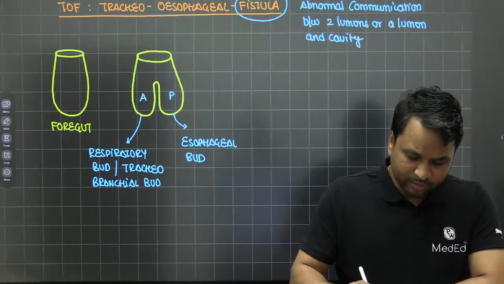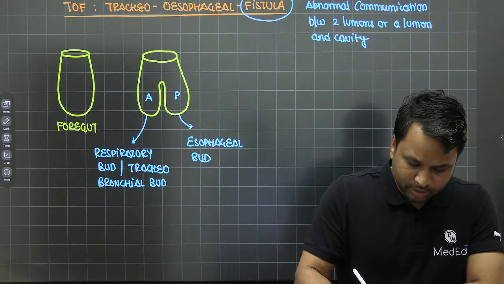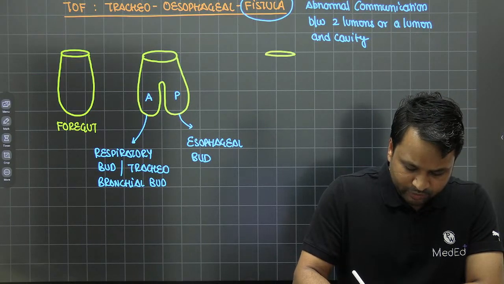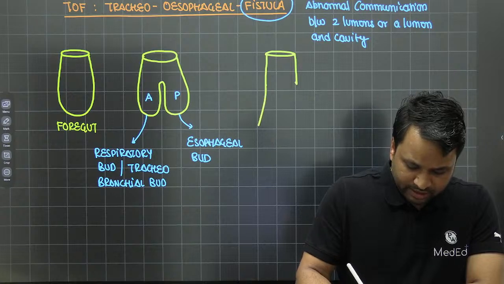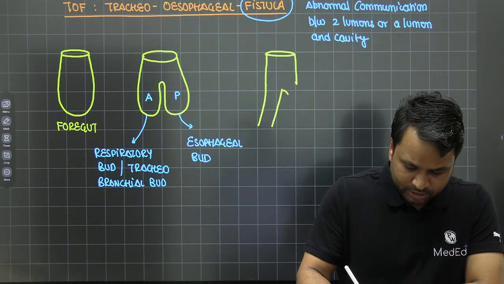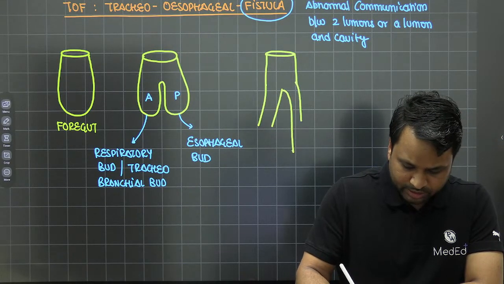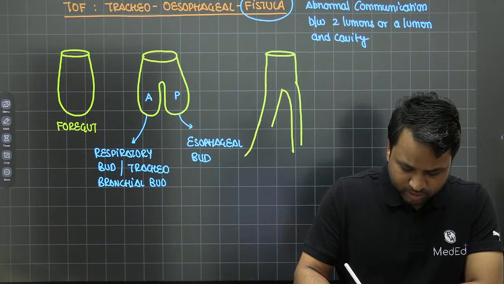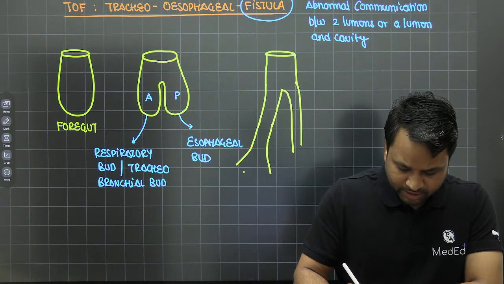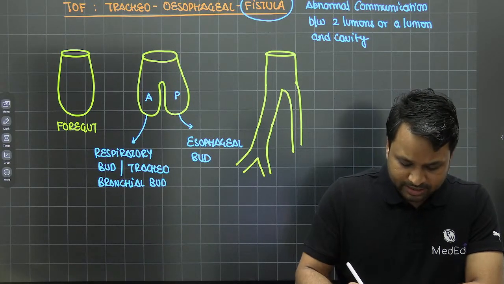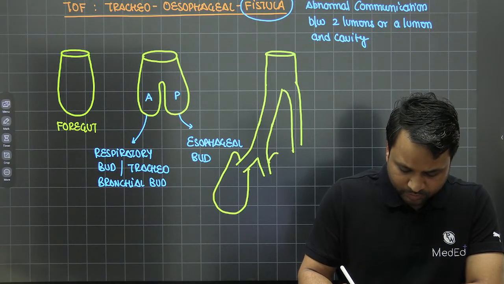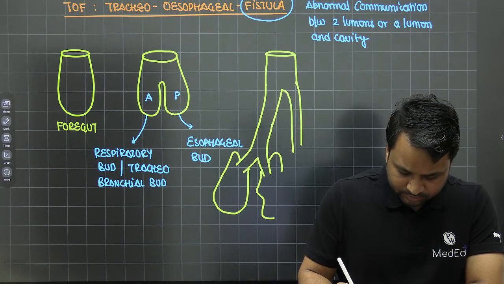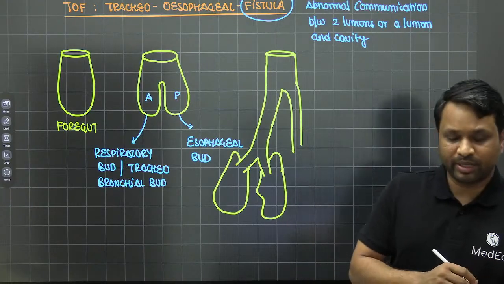Now, as the embryonic development continues, the common area will be the cricopharyngeal region, which is going to divide anteriorly into the tracheal lumen, and posteriorly it is going to continue into the esophagus. This tracheal lumen will further divide into the right and the left main bronchus, which will give rise to the lungs, and this is how the components are developed, right?